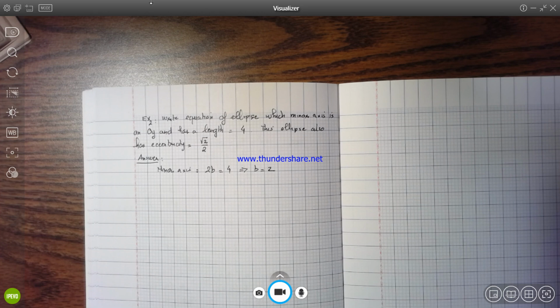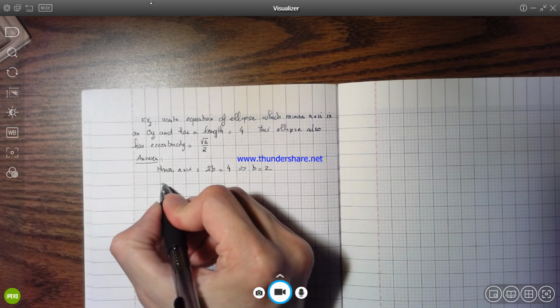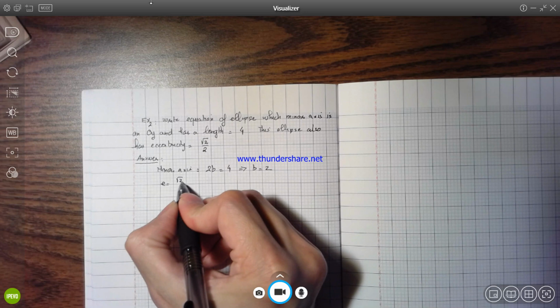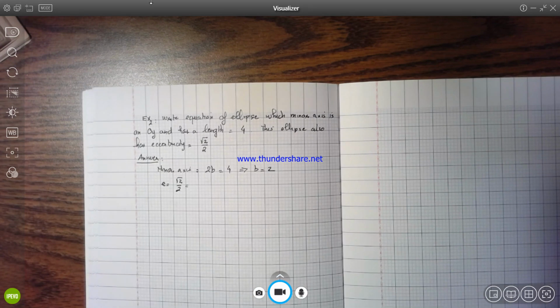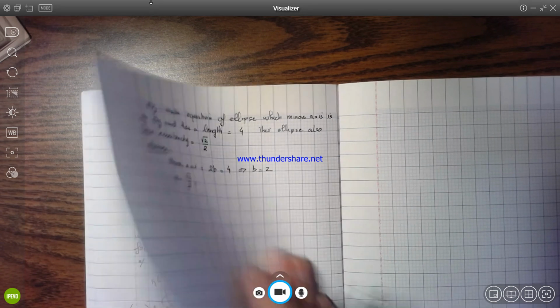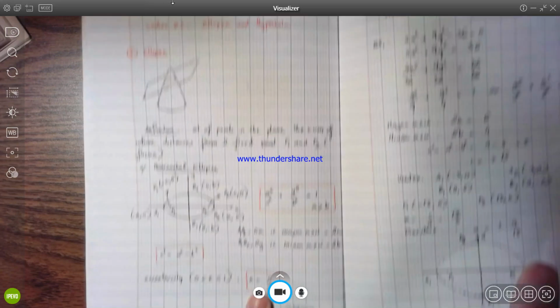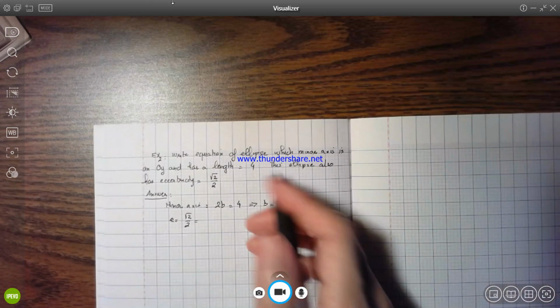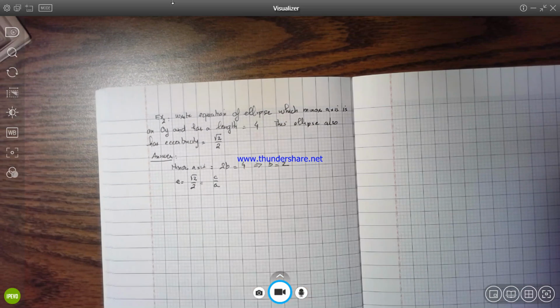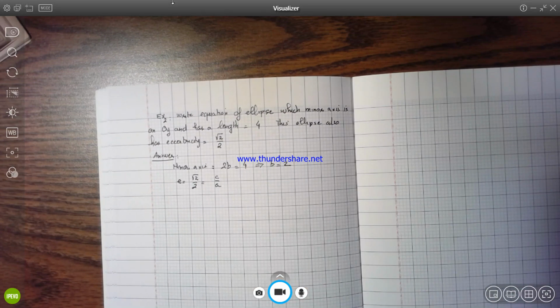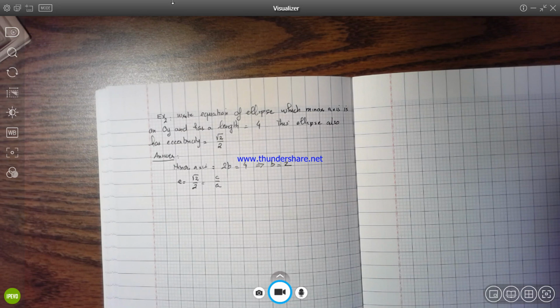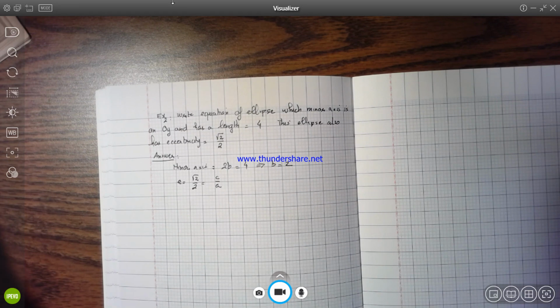What else do we have? We have that E, the eccentricity, is square root of 2 over 2, and because this is a horizontal ellipse, the E must be, by the formula we already learned, C over A. So we know the relation between C and A: C over A equals square root of 2 over 2.